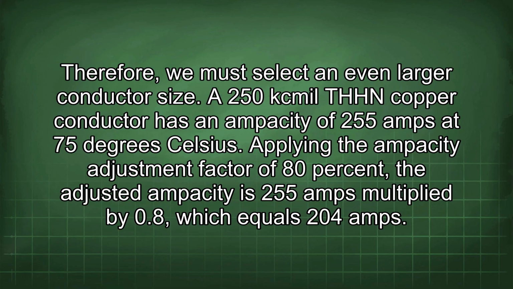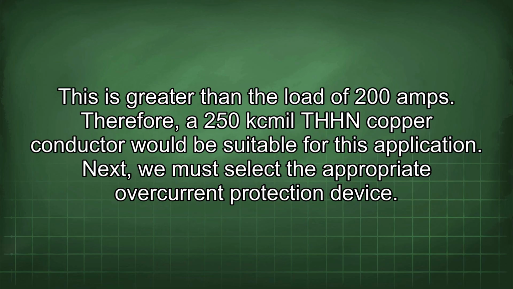A 250 kcmil THHN copper conductor has an ampacity of 255 amps at 75 degrees Celsius. Applying the ampacity adjustment factor of 80%, the adjusted ampacity is 255 amps multiplied by 0.8, which equals 204 amps. This is greater than the load of 200 amps. Therefore, a 250 kcmil THHN copper conductor would be suitable for this application.